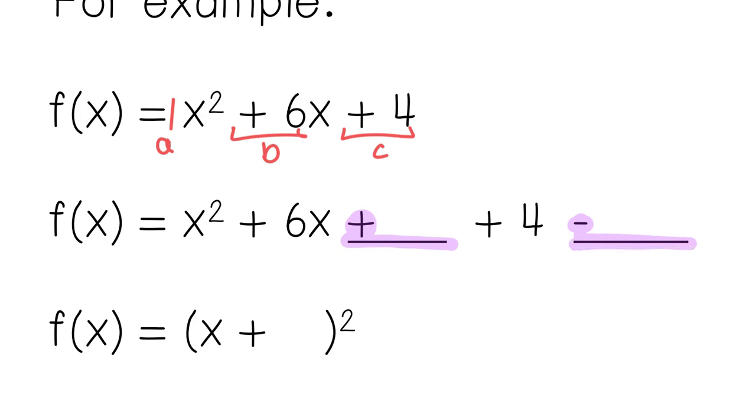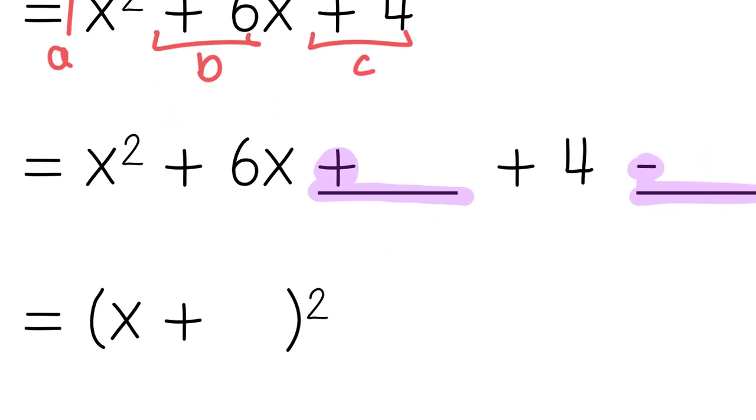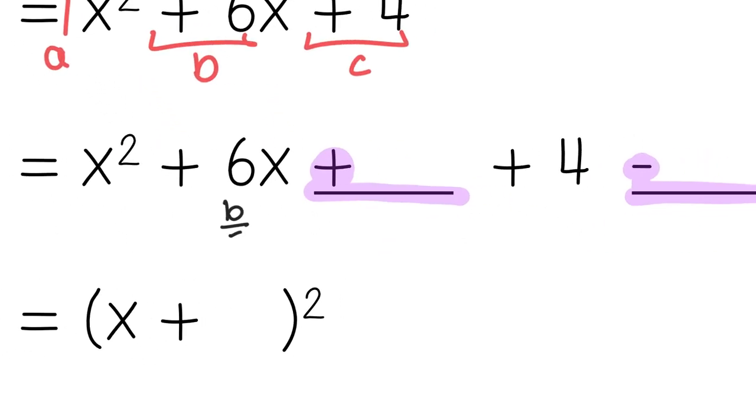Please make sure again it's plus first, then minus. So what am I doing next? Like completing the square when we factored, we're going to use a specific formula to solve for those blanks. And what is it? It's b over 2 squared.